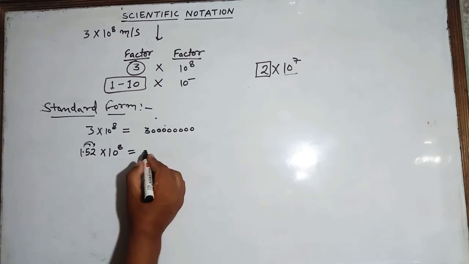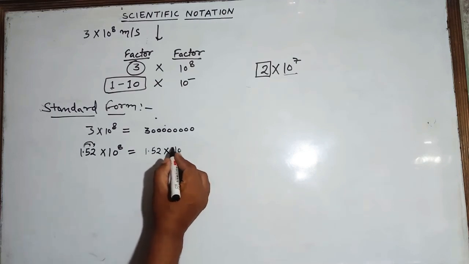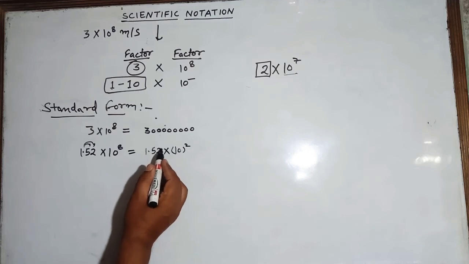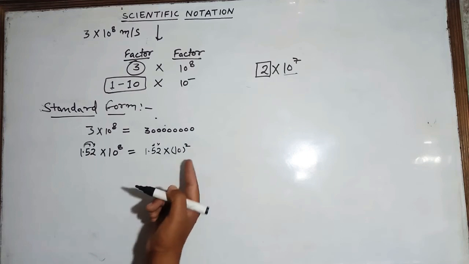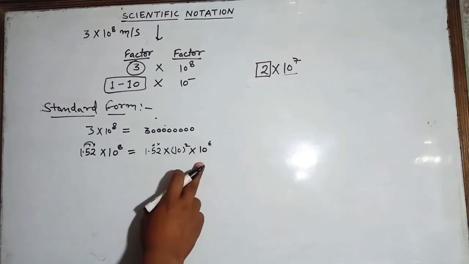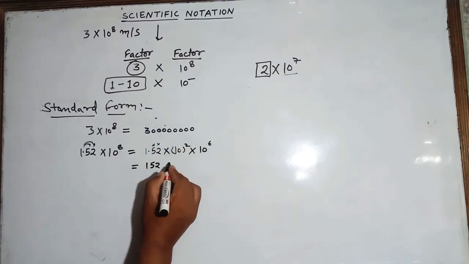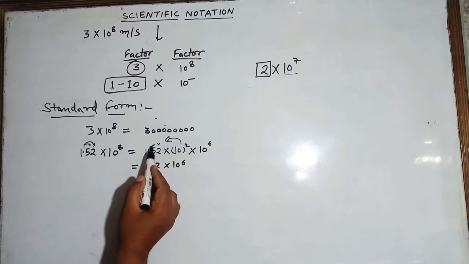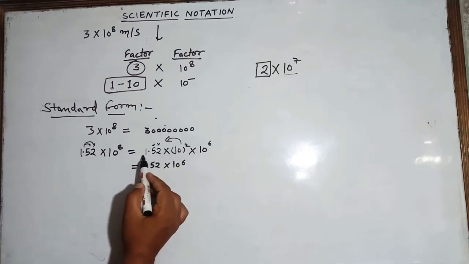So we can write 1.52 into 10 to the power 2. Why? This 2 is for removing the decimal. It moves 2 places right, and what remains is 10 to the power 6. You know that same base powers get added. So it will be equal to 152 into 10 to the power 6. To remove the decimal, we multiply with 10 into 10, meaning 100.